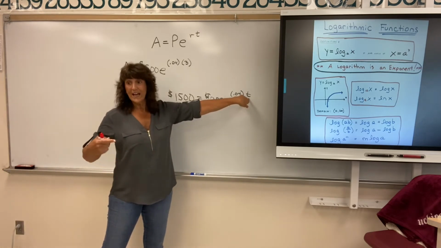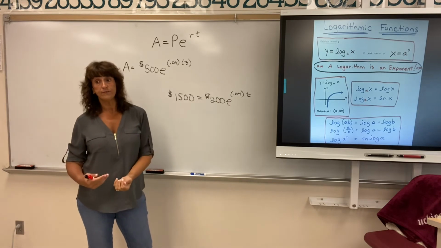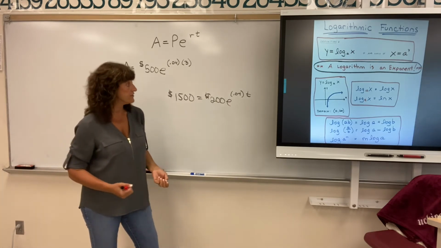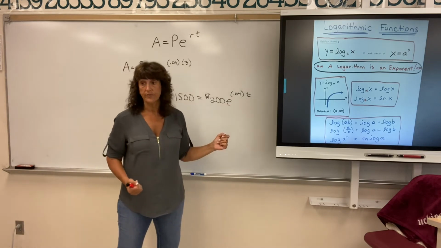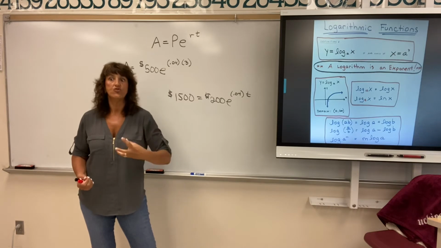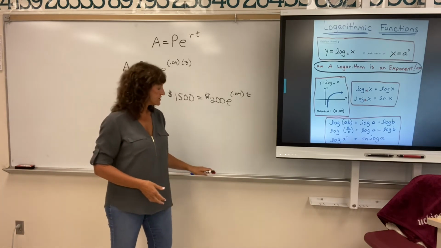Well, now we have to get that variable out of the exponent so we can solve for it, and that's where logarithms come in. You can use a logarithmic button on your calculator to solve for that. Sometimes the variables you're solving for are in the exponent, and to get them out so we can solve for them, that's where logarithmic functions come in.